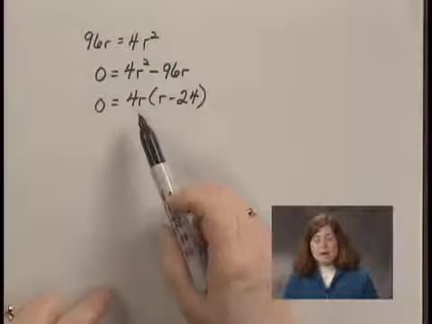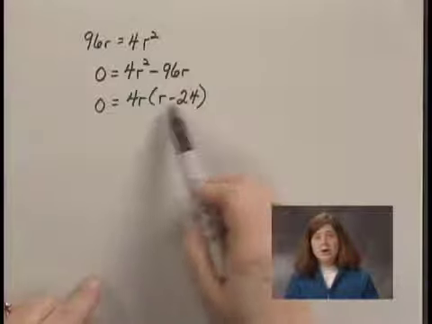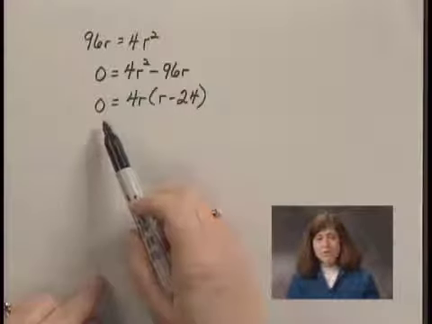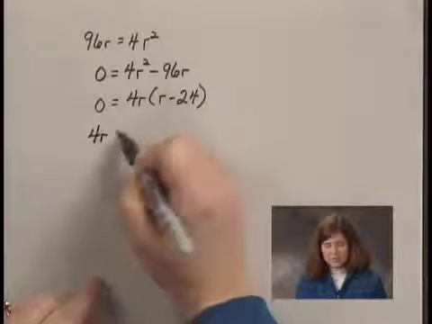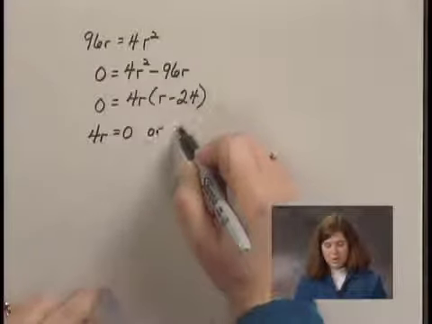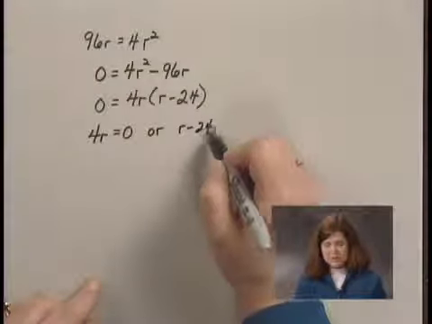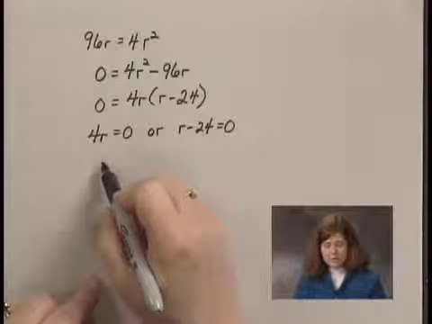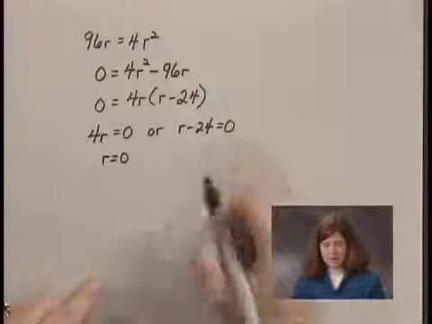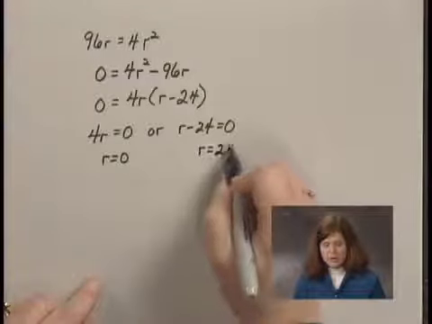Now I have a product, 4r times r minus 24 equals 0. So I can set each factor equal to 0. 4r equals 0, or r minus 24 equals 0. Solving those separately, I get r equals 0 here, and r equals 24 here.